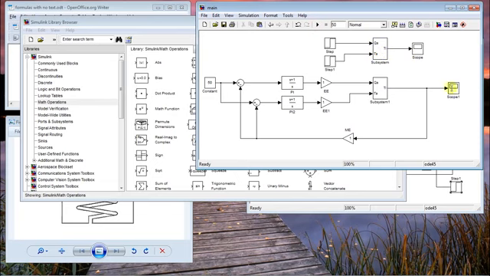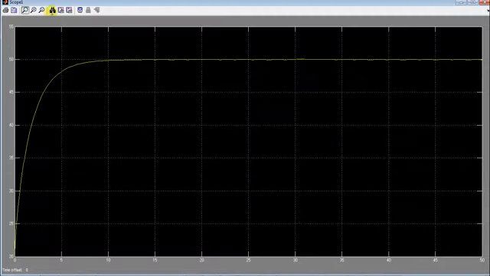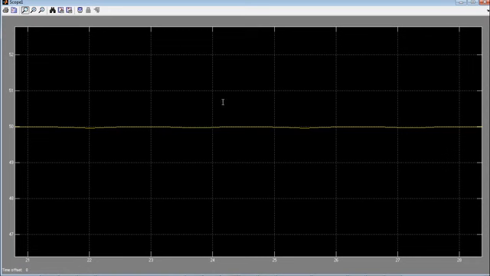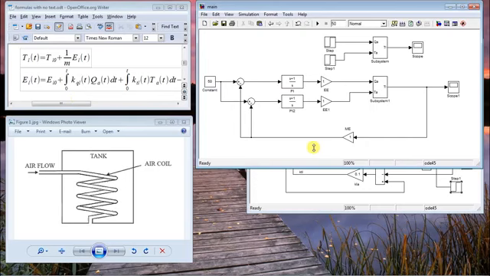Let's simulate this system too, and sure enough we can see that it maintains a constant value of 50. Let's make a comparison between these two systems, and to do that I'm going to place them together on one scope.